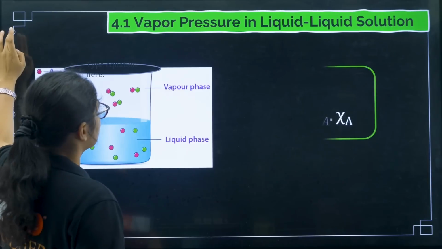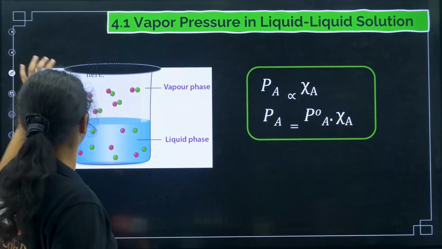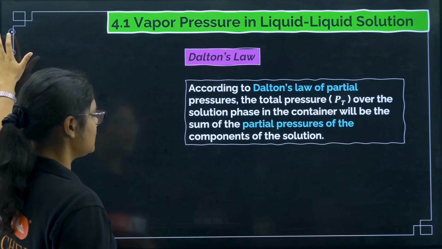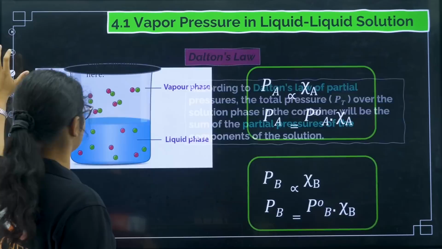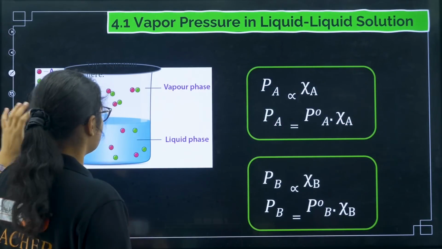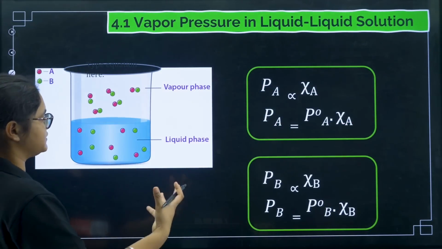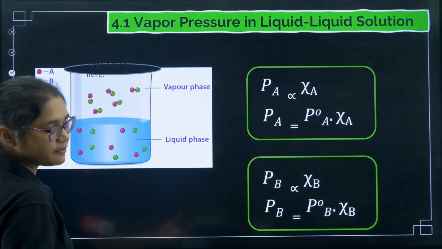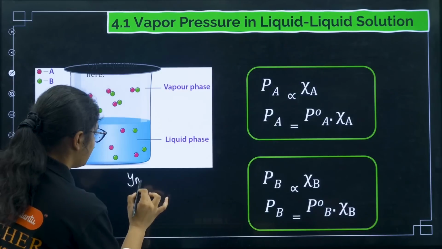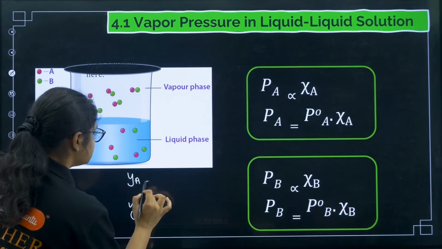Next, this is the formula I have already discussed. Here something I have to tell you. Now if I want to calculate the mole fraction of A and B in the vapor phase, I want to write YA and YB. What is YA?